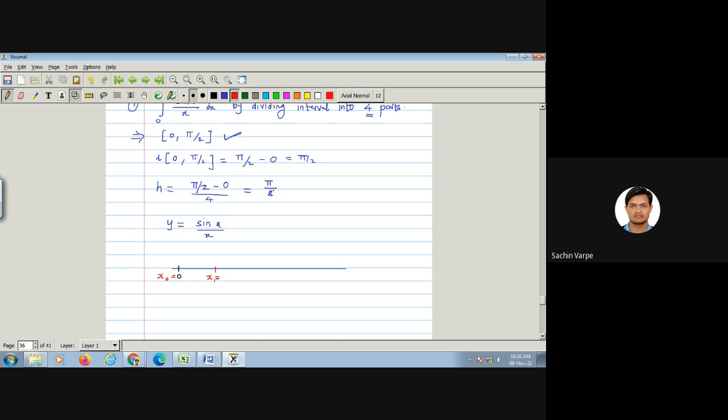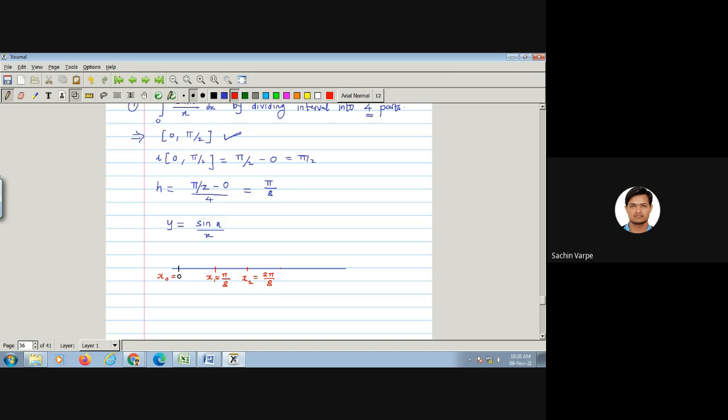H is pi by 8. So x1 will be pi by 8. Then x2 is x1 plus h, that is pi by 8 plus pi by 8, which is 2 pi by 8 or pi by 4.